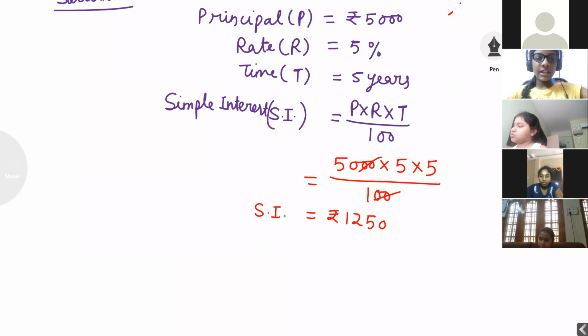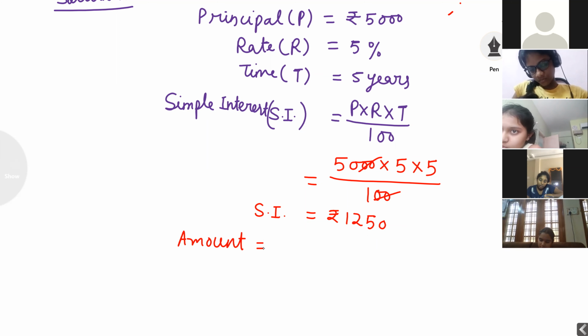But I want to find what? Amount. Amount is equal to interest plus principal. Note down. Amount is equal to simple interest plus principal.